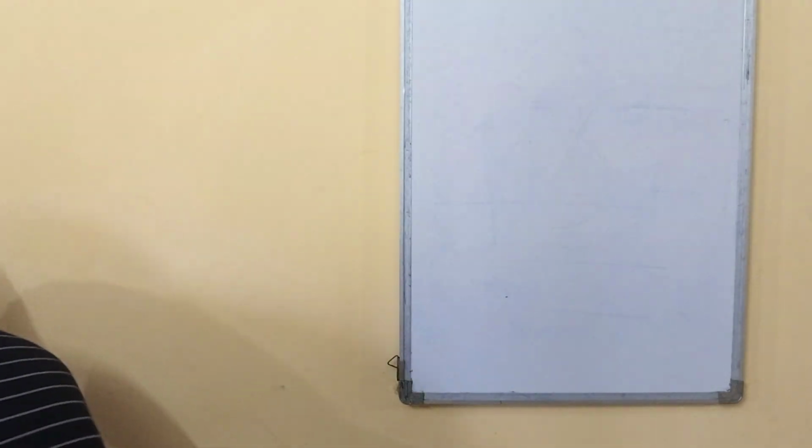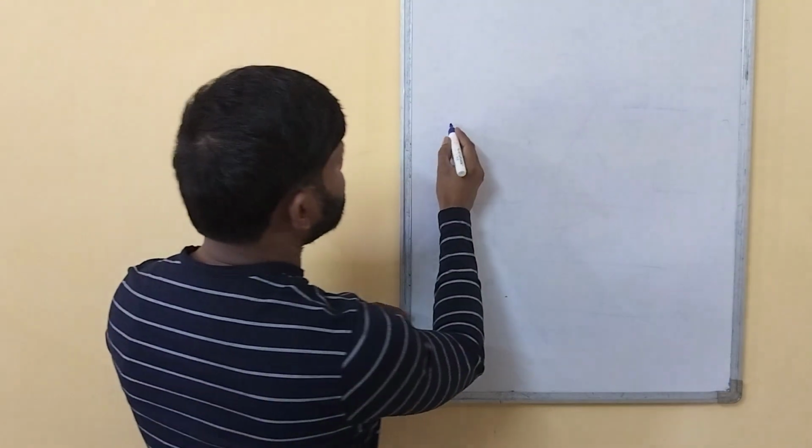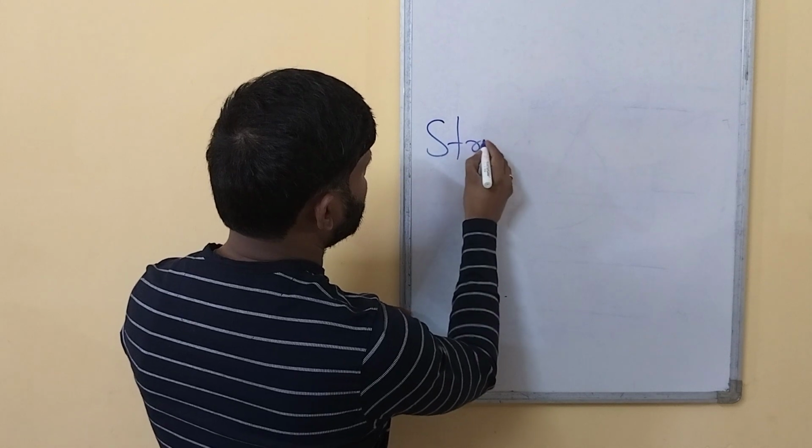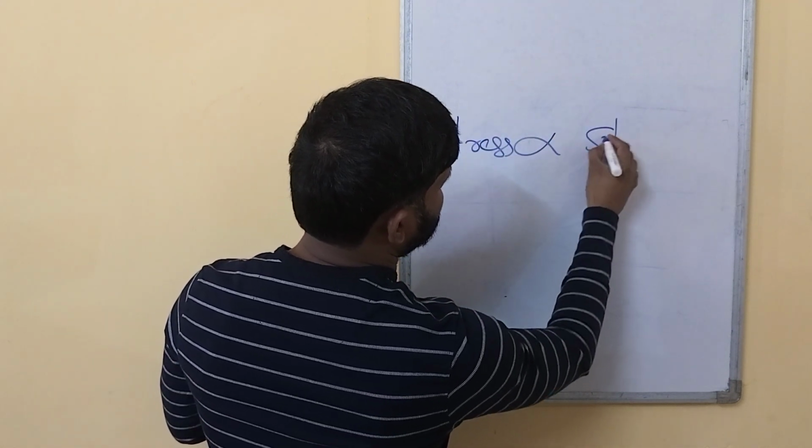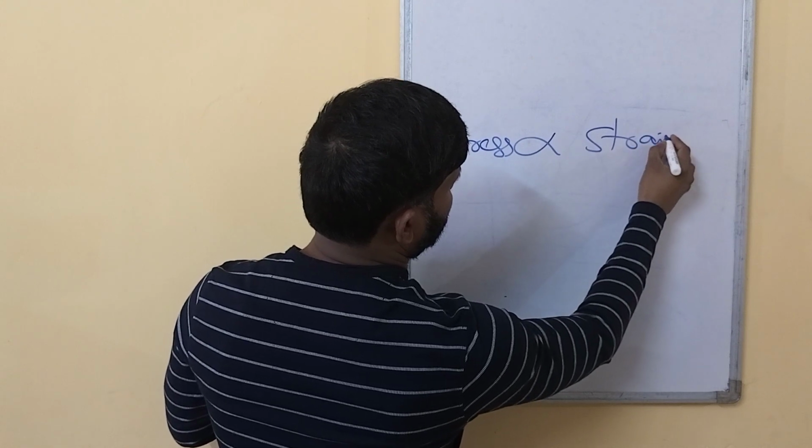So this strain is changing as per the stress. So this stress is proportional to the strain. Meaning higher the strain, higher the stress. Agree or not? So stress is directly proportional to strain.